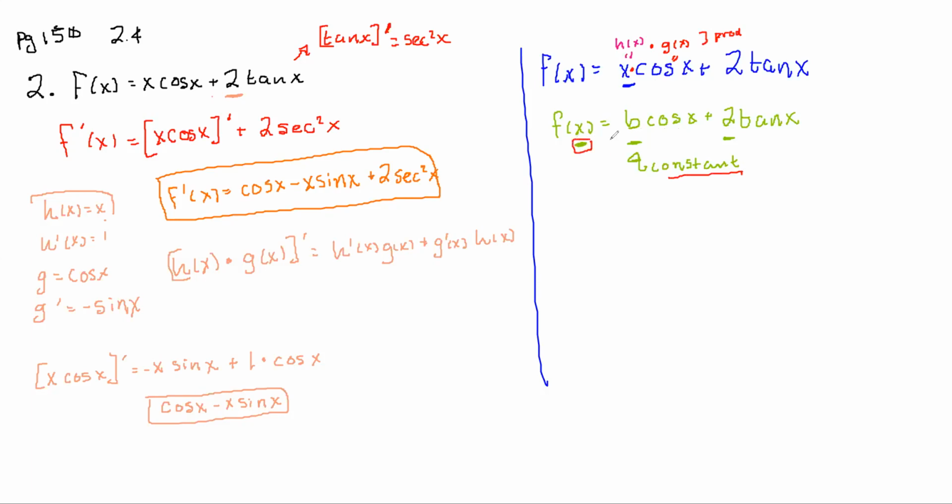If x changes, b does not change. Okay, so we're good with that? The reason I didn't include the 2 tan x is because when I went ahead and did this, I said, hey, I have to find what the derivative of this is, and then I need to add it to the derivative of this.